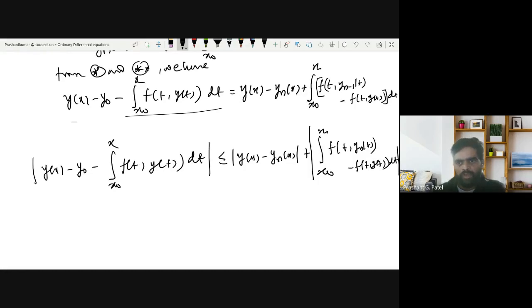This y of x lies in R dash, and hence it is in R, and this is already tending to 0, so this will also tend to the maximum of.